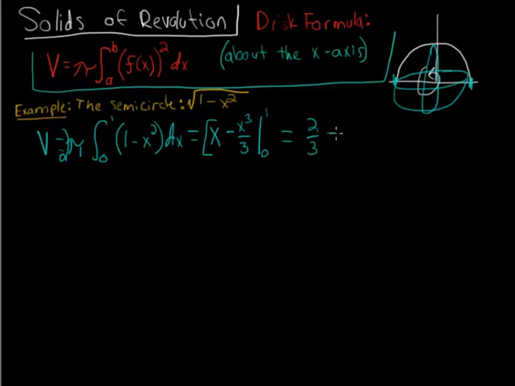And 0 minus 0 cubed over 3 is still just 0 minus 0, which is 0. So that equals 2/3. And this is all times 2 pi. Never factored that in. And look at that. When you multiply 2 pi times 2/3, you get 4/3 pi.